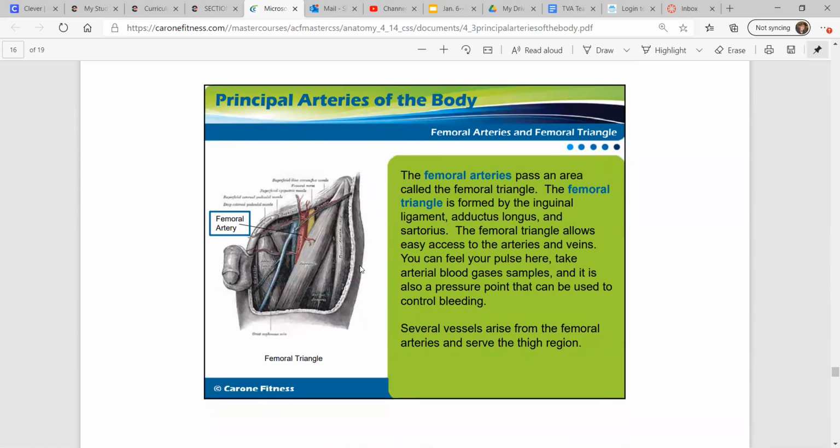And the femoral arteries pass an area called the femoral triangle. That triangle is formed by the inguinal ligament, adductor longus, and the sartorius. And this femoral triangle allows easy access to the arteries and veins.